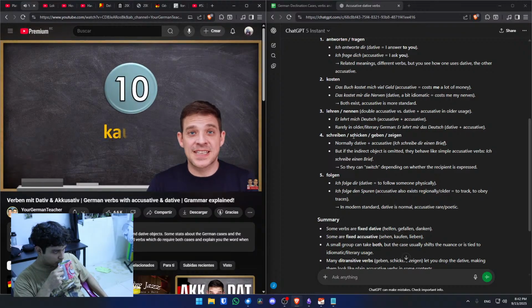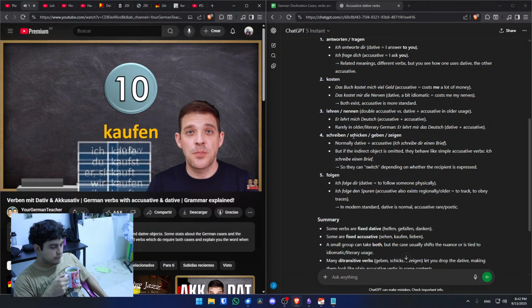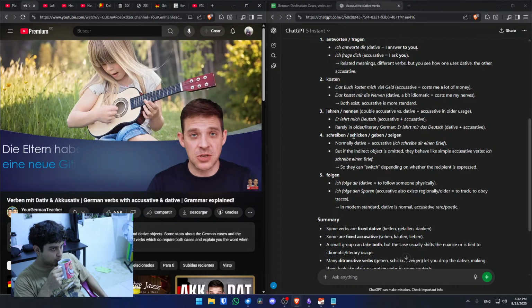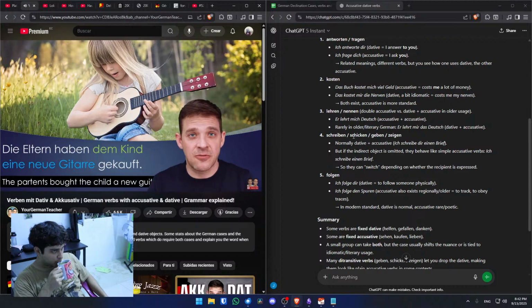And the last one, Nummer 10, kaufen. Kaufen heißt to buy something, und kaufen ist auch ein regelmäßiges Verb. Zum Beispiel, die Eltern von diesem Mädchen haben dem Kind eine neue Gitarre gekauft.